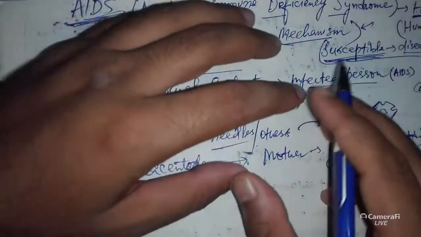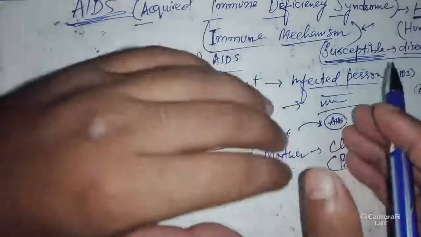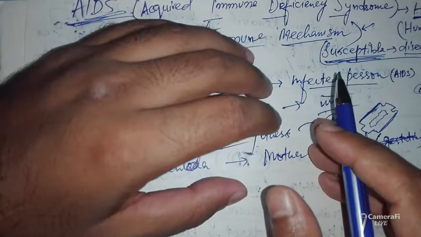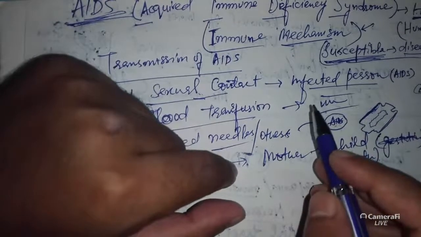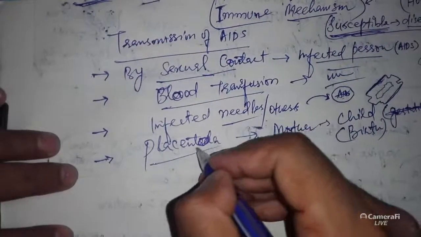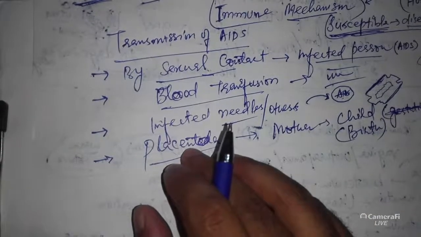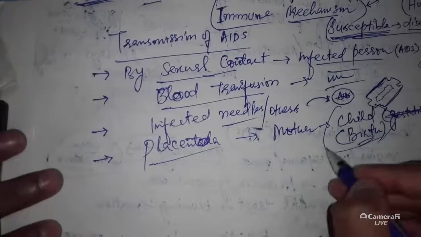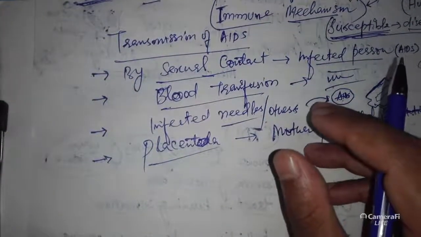When the baby gets disconnected from the mother at the time of birth, the blood of the mother gets mixed with the blood of the baby. So if the mother is infected with AIDS, the baby can also get the infection of that virus. So that is the placental route. It is not only during childbirth, but throughout the placental connection of the baby's body with the mother.